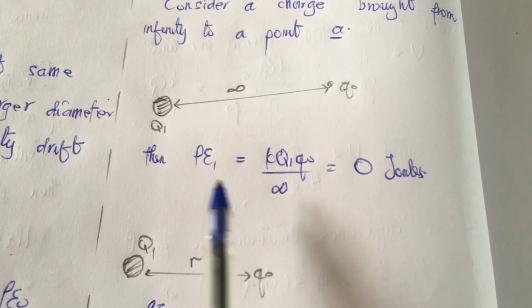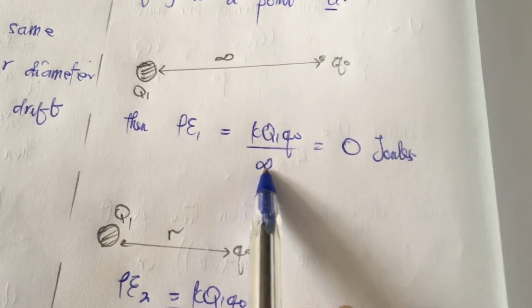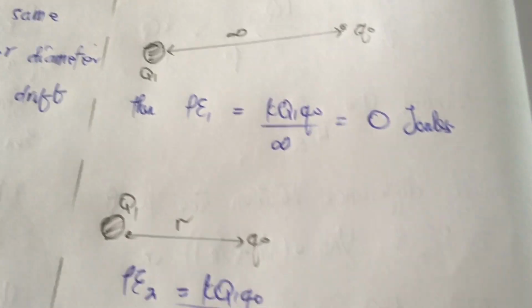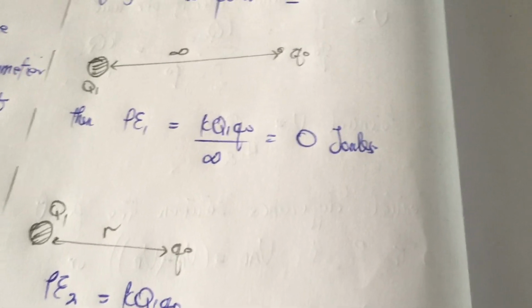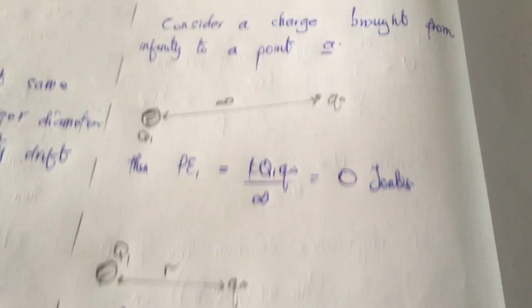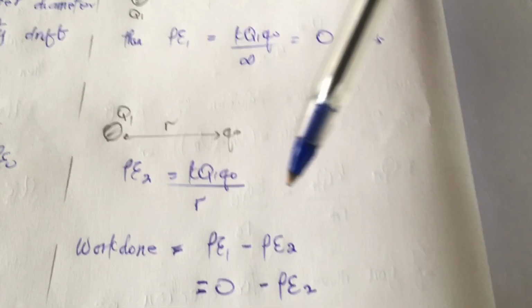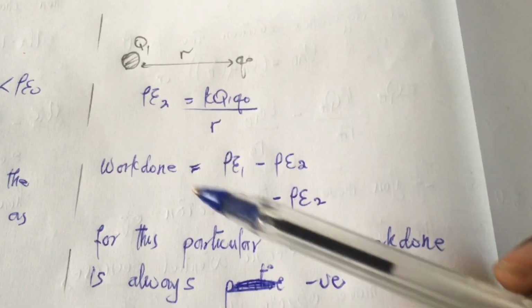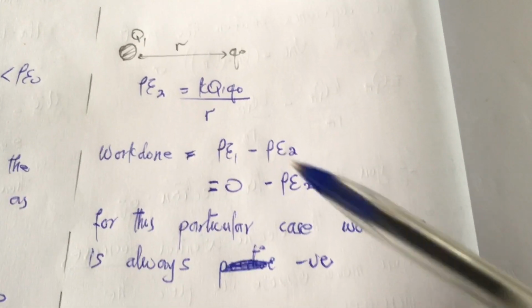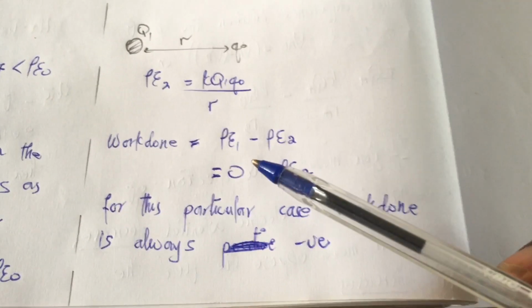Then P1 will not be equal to 0. P1 will give you a value, P2 also gives you a value, so you just use your formula that work done is equal to negative change in potential energy to get your answer straightforward.